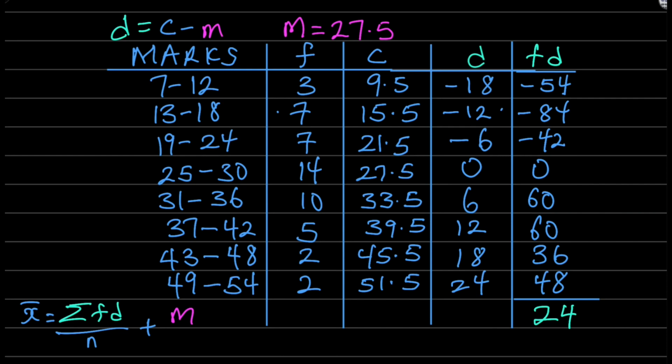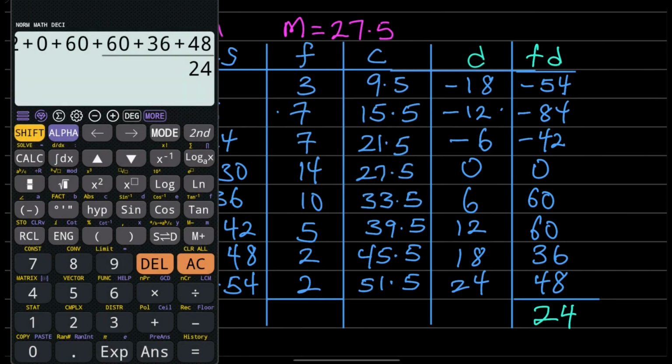So we sum up all the frequency values. This will be 3 plus 7 plus 14 plus 10 plus 5 plus 2 plus 2. Altogether we have 50.